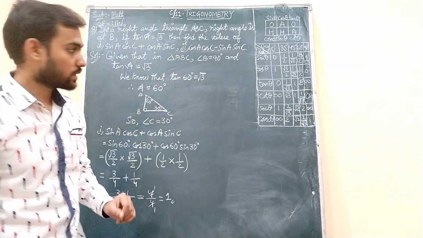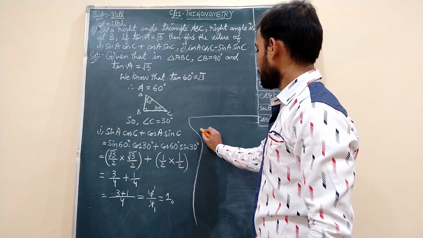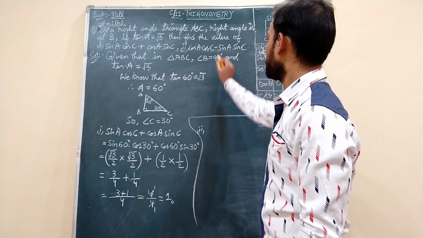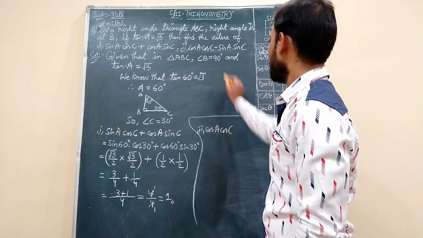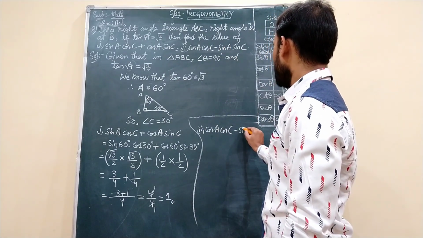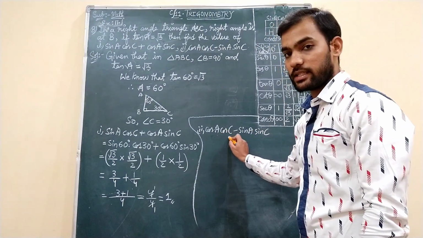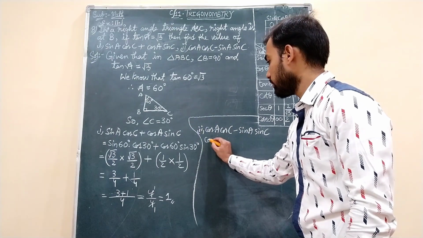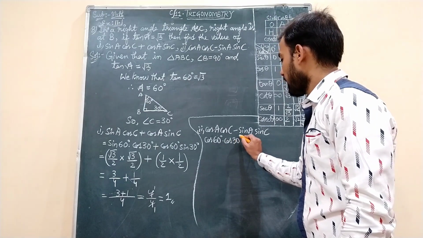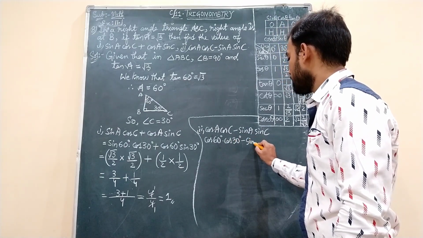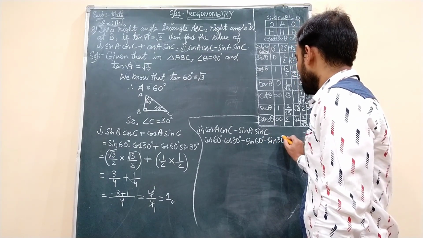Now the second expression that we will do. The second expression is cos A cos C minus sin A sin C. A value is 60 degree, C value is 30 degree, right guys? That we will substitute: cos 60 degree into cos 30 degree minus sin 60 degree into sin 30 degree.